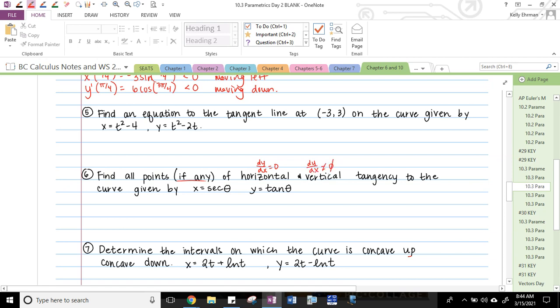So basically, horizontal is when the numerator equals 0, and vertical is when the denominator equals 0. It could be that you don't have a horizontal or a vertical tangent. Since it says find all points, you're going to be finding the value of t when that happens, but you need to go back and figure out what x, y corresponds to that value of t.